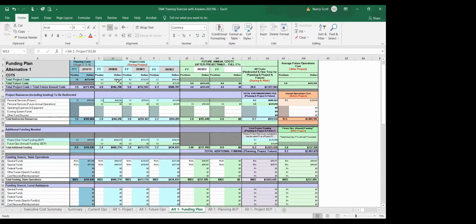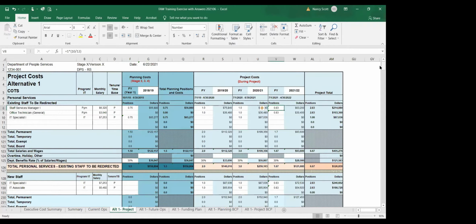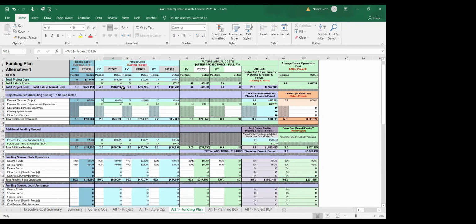So if we went back to our sheets for 1920 project, it's 146.36 for 1920. If I went back to 1920 and I went down to my existing staff, it equals 146.16, which is what is excluded from the amount I need, because I don't need to be funded again for existing staff. So the sheet automatically removes those costs from the total.